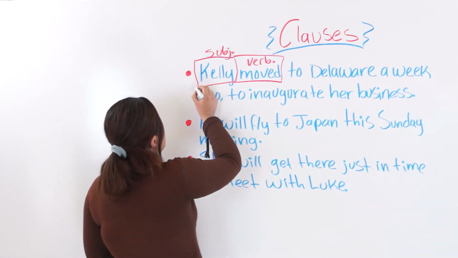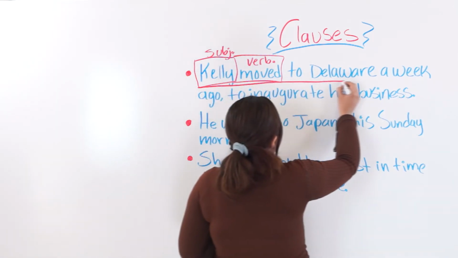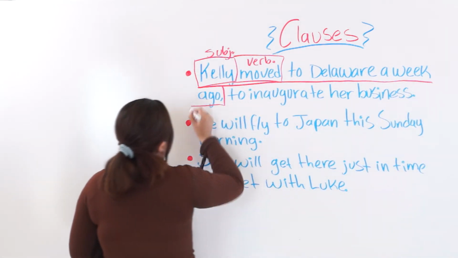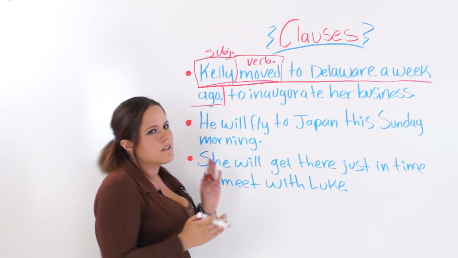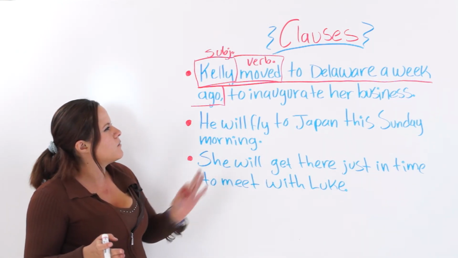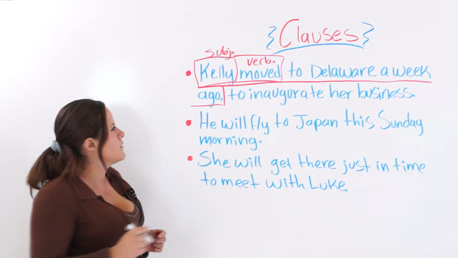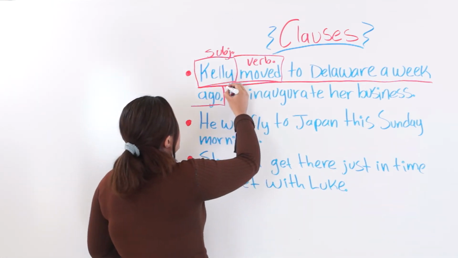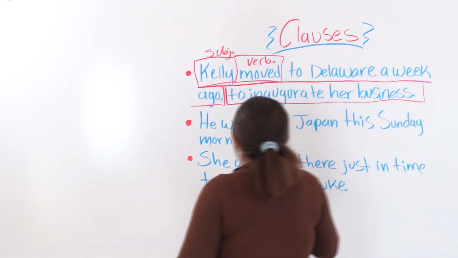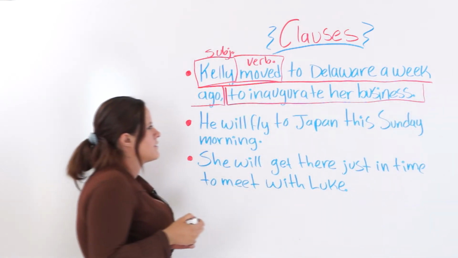This alone could be an independent or a principal clause. Kelly moved to Delaware. That could be a complete sentence, right? Kelly moved to Delaware a week ago. And this right here would be the dependent clause: to inaugurate her business.